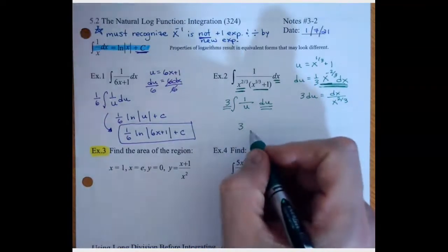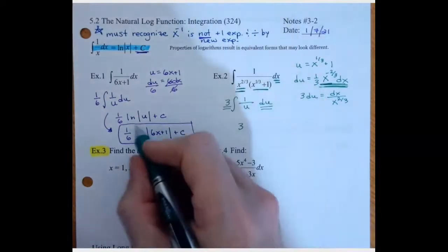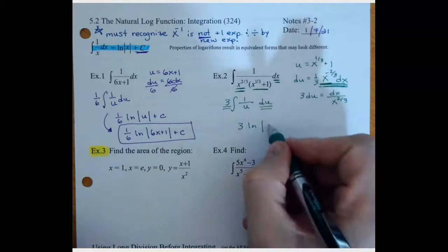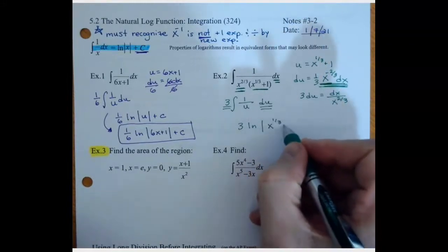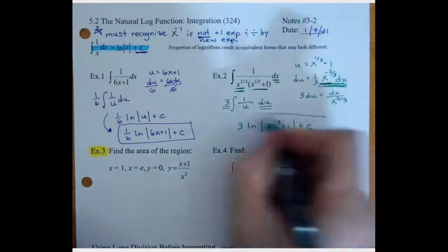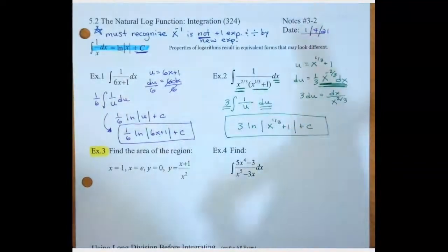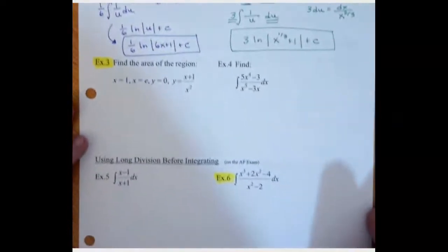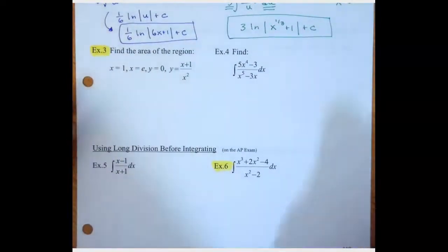So now let's go ahead and skip the step with the u and just replace the u with the x to the 1/3, so we don't have to write it down basically twice. There we go. Okay, so this is great practice for substitution and reinforcing skills that we're supposed to have from first semester.